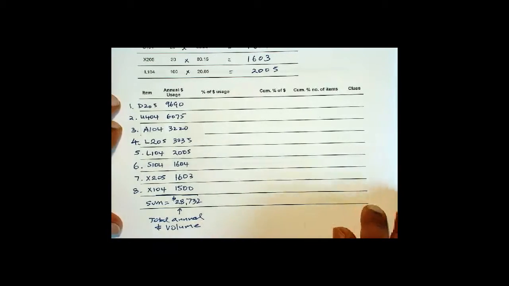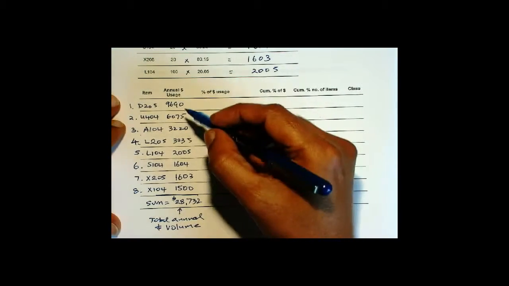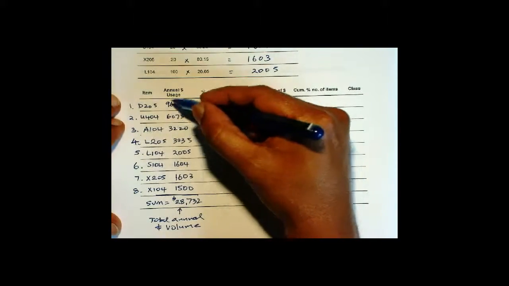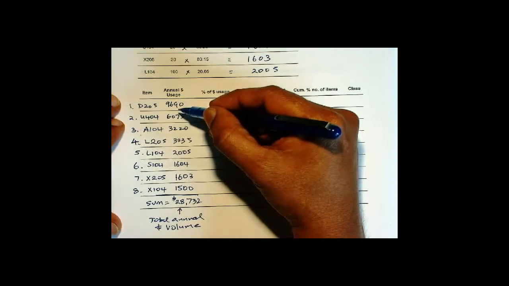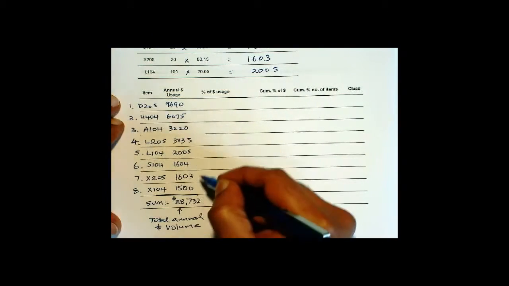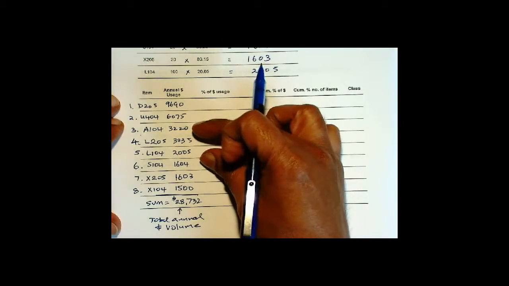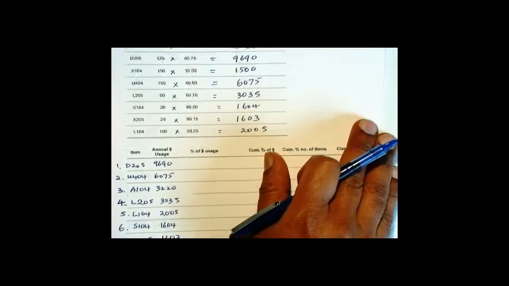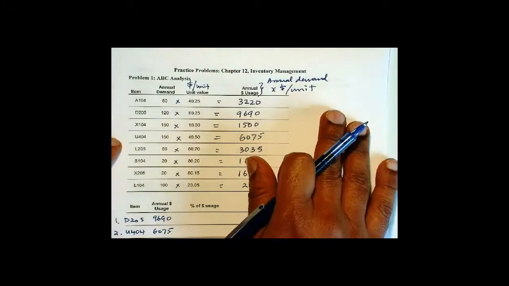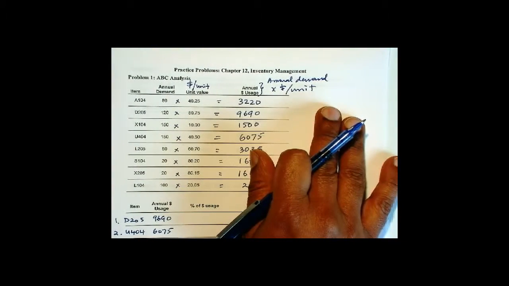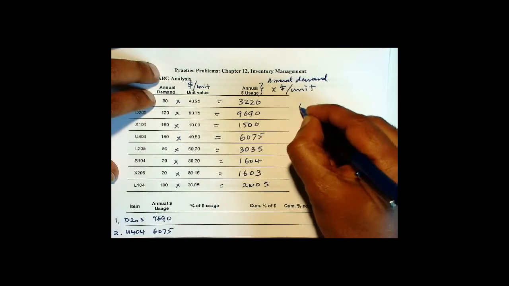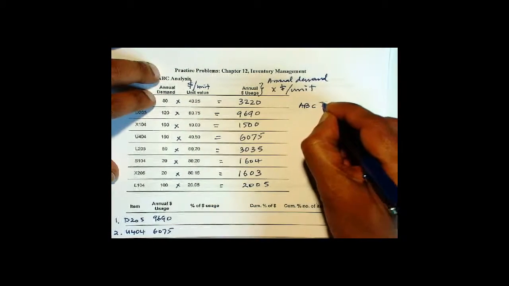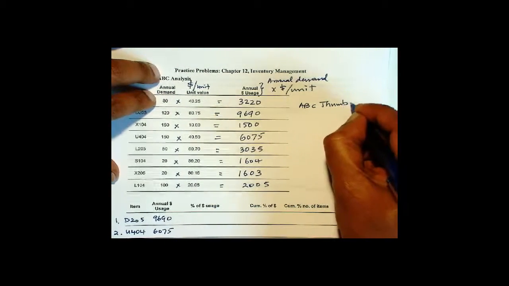So now we need to apply the thumb rule to figure out which of the top items must be A and which of the bottom items must be C and the in-between ones B. And let me write the thumb rule here, and remember this is only a thumb rule, this is not hard and fast. So the ABC thumb rule.